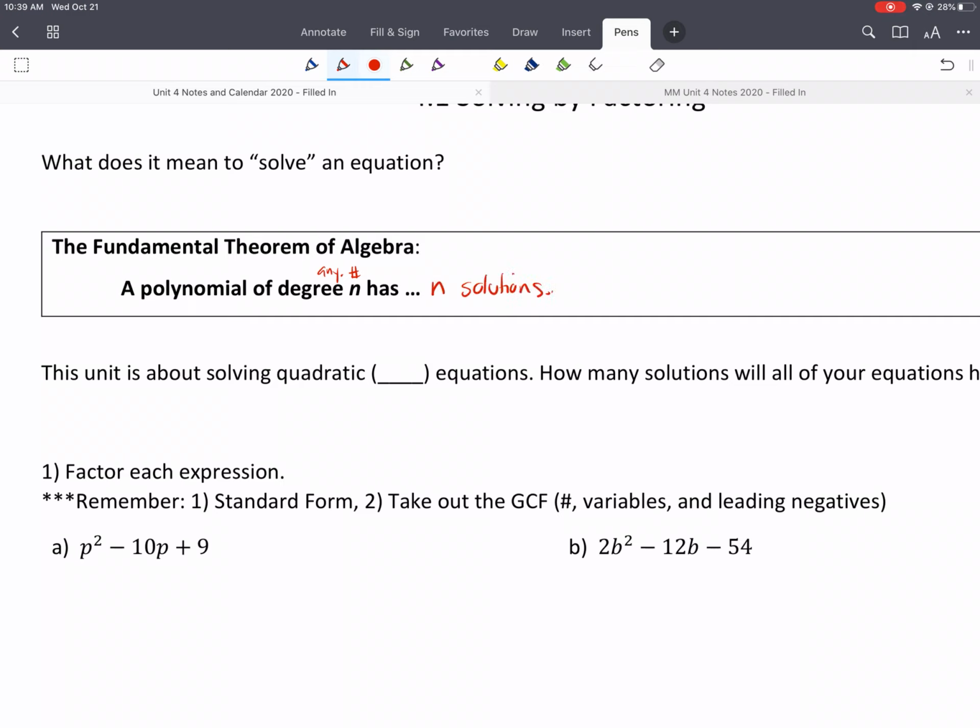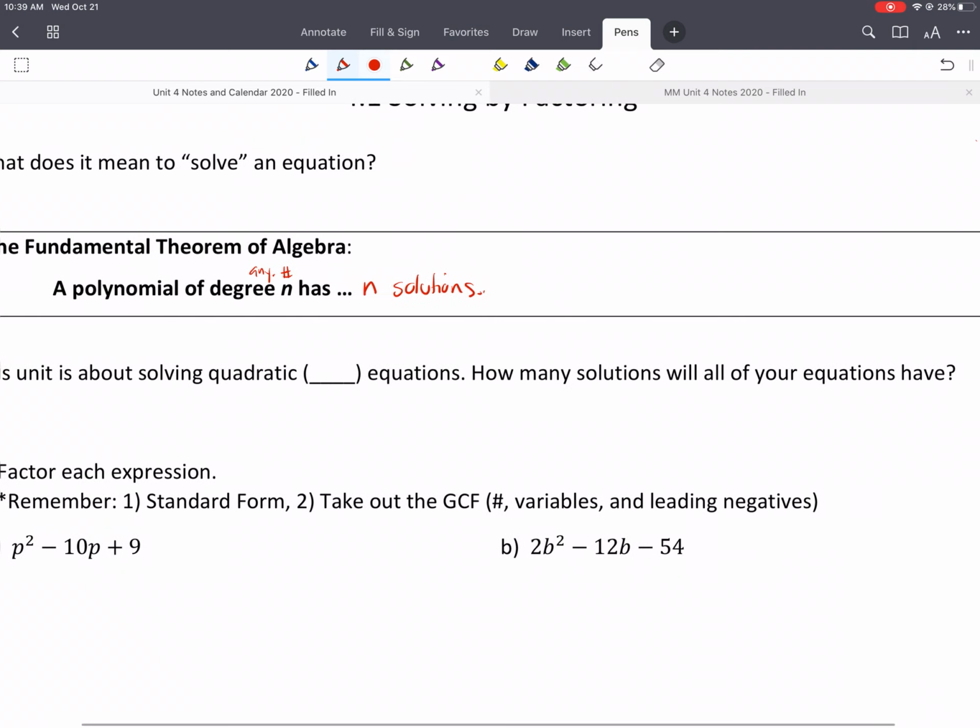So for example, if you had a linear equation, like we just did, there was one solution. If we have an equation like x squared plus 2x minus 1 is equal to 0, it's a quadratic equation, and since its degree is 2, there are going to be 2 solutions.